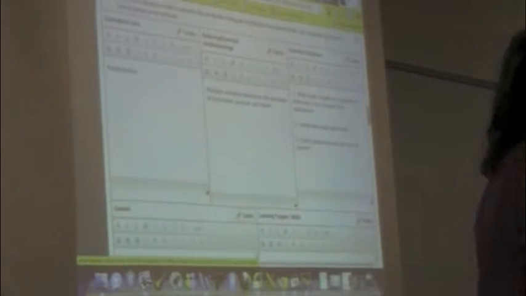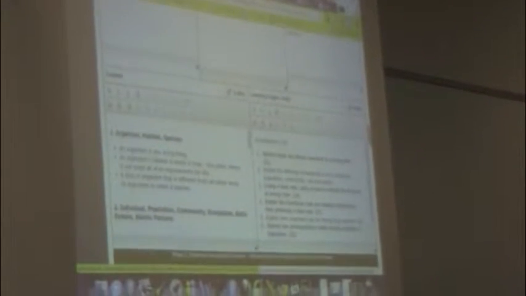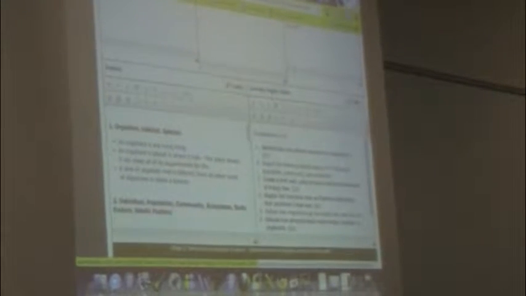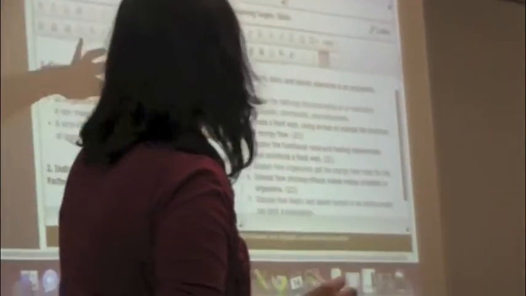So we have learning targets down here. And we went through, we have the ones highlighted are ones that we expect all students to know. And then we have 7 learning targets for this unit, which, oh, they're not in red, but there's our learning targets here. And then we have our content.